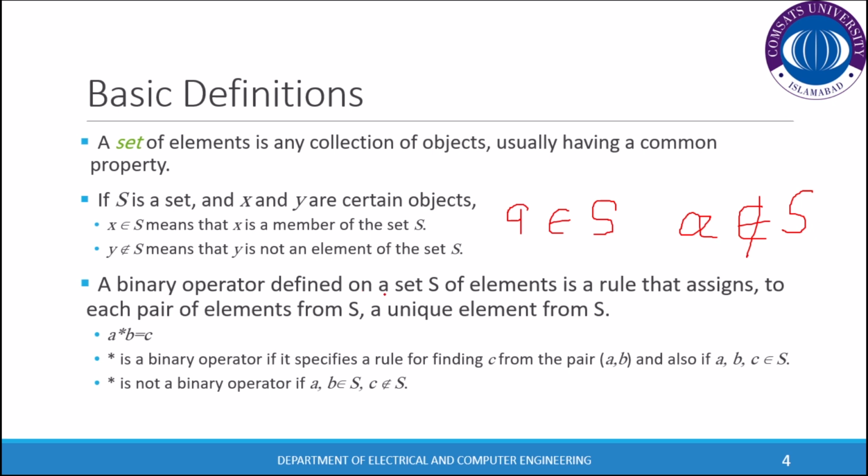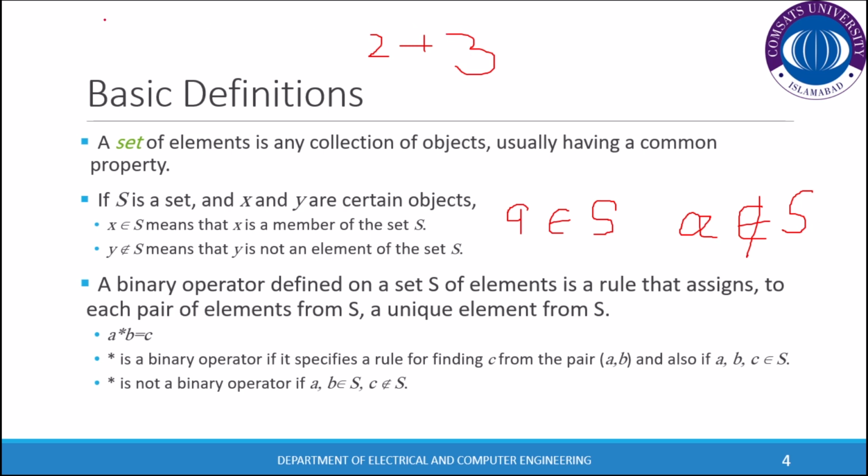A binary operator defined on a set S of elements is a rule that assigns to each pair of elements from S a unique element from S. What does it mean? Let us understand with the help of decimal numbers again.